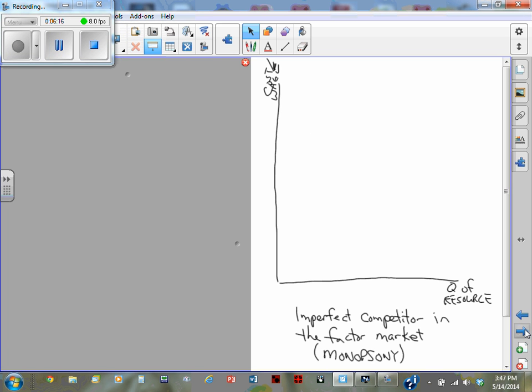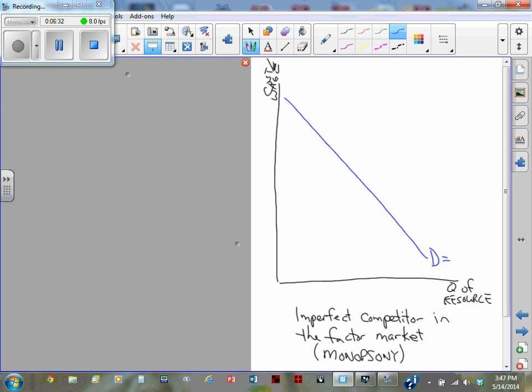If we graph a monopsony, we're going to have a downward sloping demand curve. The monopsony faces a downward sloping demand curve. And because we're in the factor market, that demand curve is also our marginal revenue product.